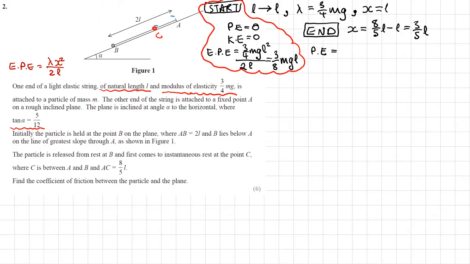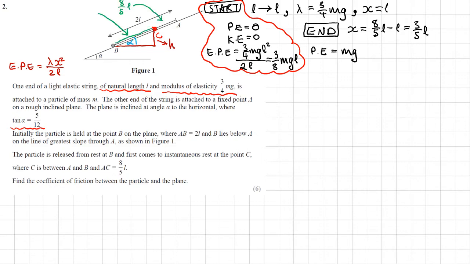So we know that the potential energy is mgh, so we've got the mg part already. What's the h? Well, it was at this height at B, and it's now moved up to this height where it's at C, and I can use a bit of trigonometry to work that out. So that length here, that's my h that I want to work out for mgh.